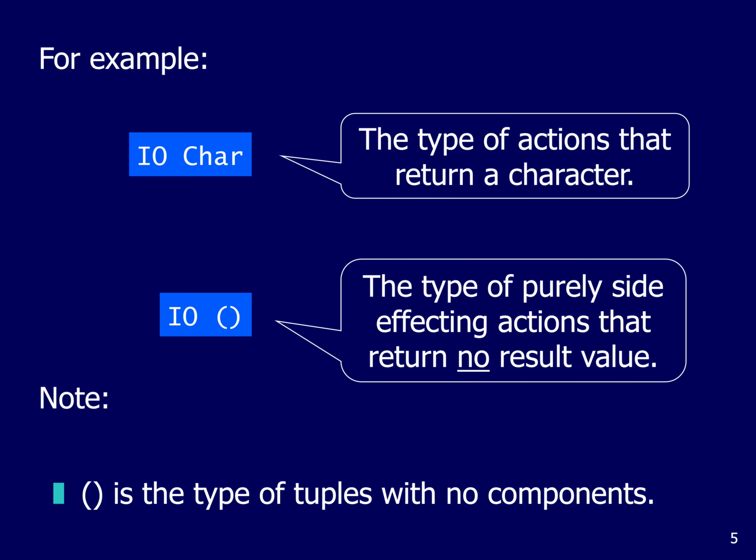So just to give you a little example of this, here we have two examples. If I have a program and it has type IO of char, that is going to be a program that's going to ultimately return me a character, but along the way could involve some interaction with the outside world. So IO of char is the type of actions that eventually will return me a character.